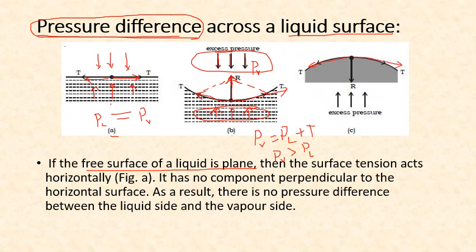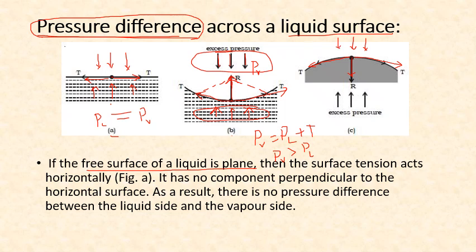So the resultant force will be downward in this fashion. The combination of these two forces due to surface tension will be downward like this, and the vapor pressure will also be downward like this.